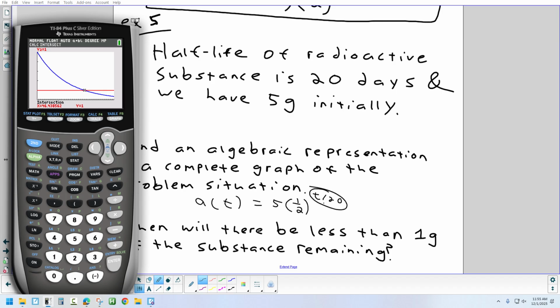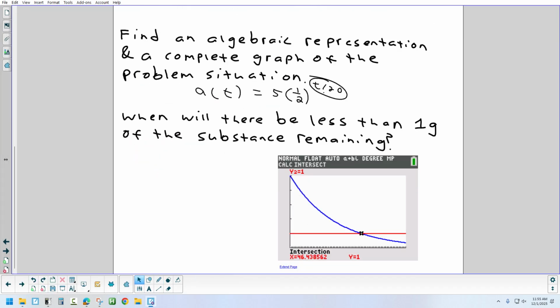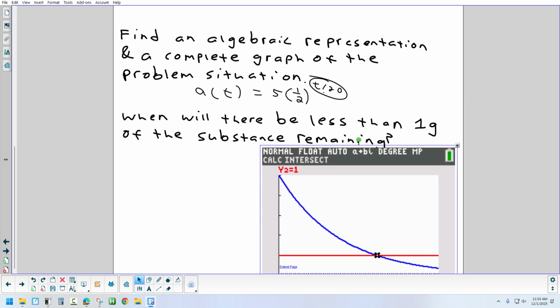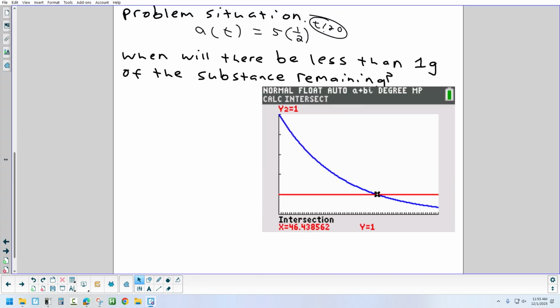Okay, so there is your answer. Now we have to interpret that. How would we answer the question? When will there be less than 1 gram remaining? After 46.4 days.